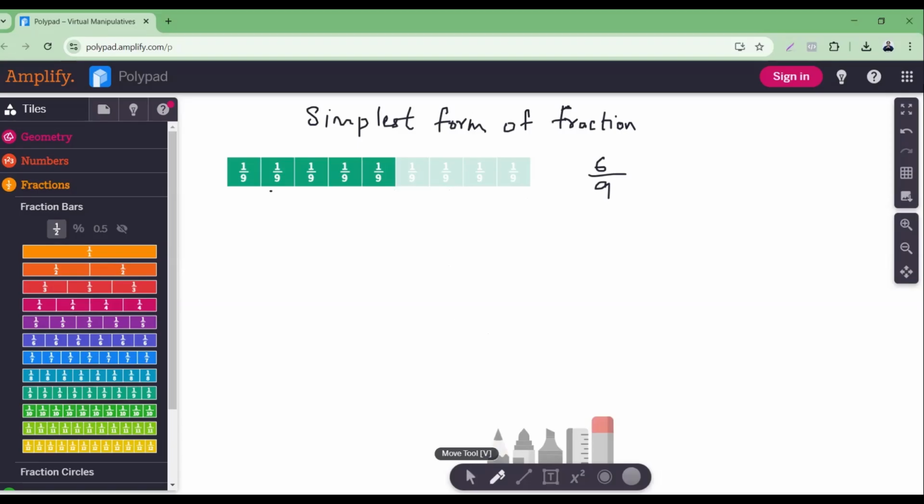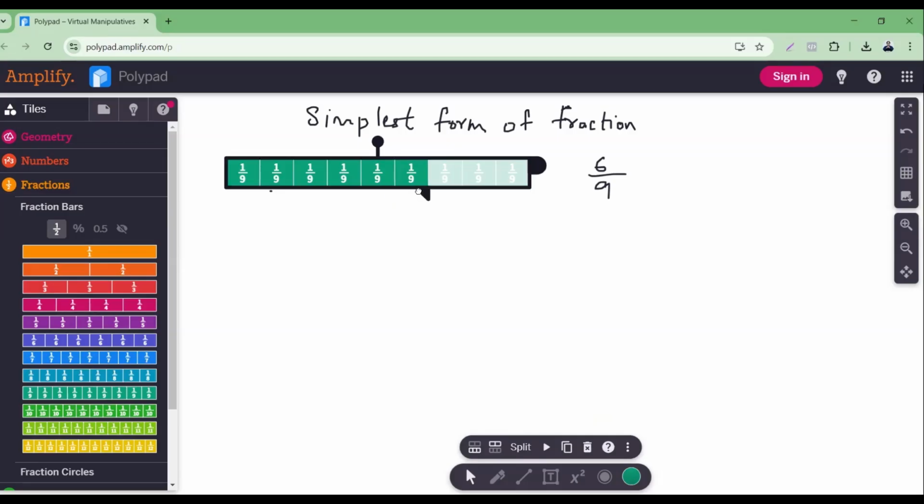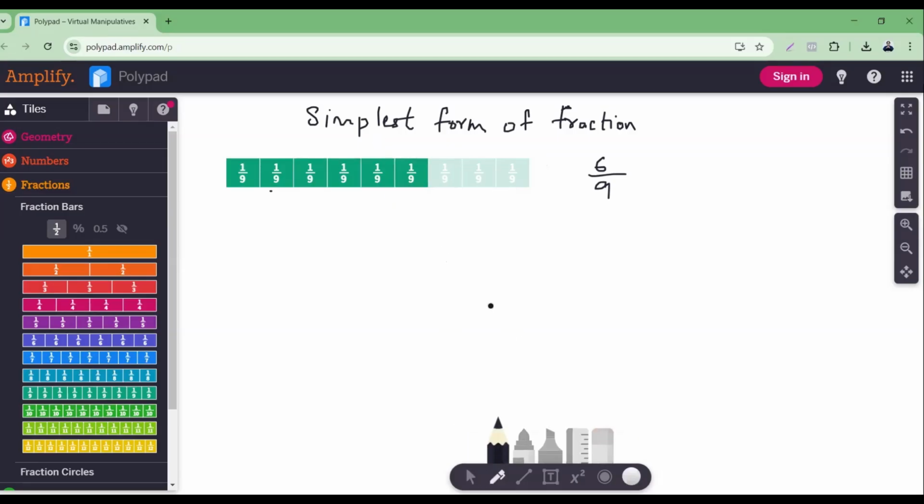But as of now, for the sake of our convenience to understand this concept, it's 6/9, so I am going to group three pieces together such that the colored pieces and the uncolored pieces I'm able to group in the same way. Now, if I take this entire group as one box, one part, what is a fraction?